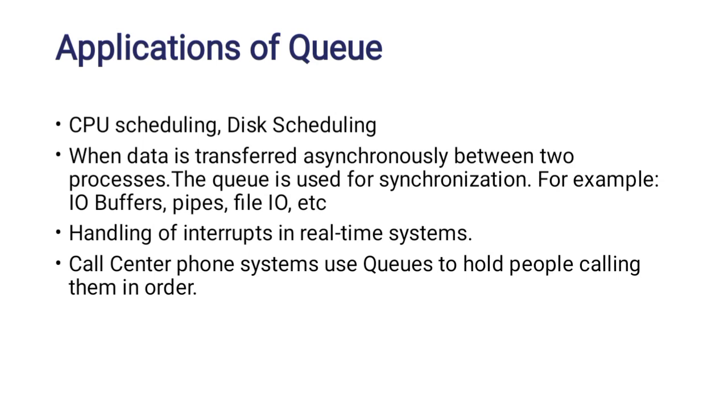The queue is used for synchronization, for example I/O buffers, pipes, file I/O, etc. And also queues are used when handling interrupts in real-time systems. Also, queues are used in call center phone systems. Call center phone systems use a queue to hold people calling them in order.